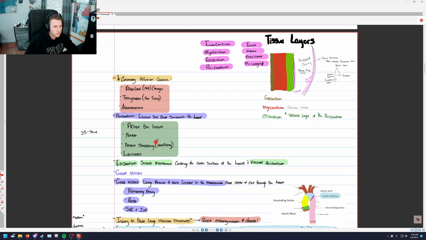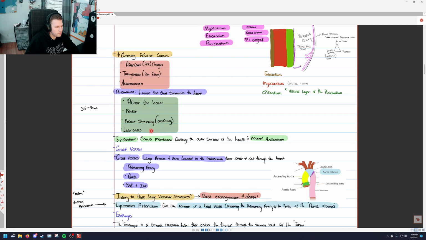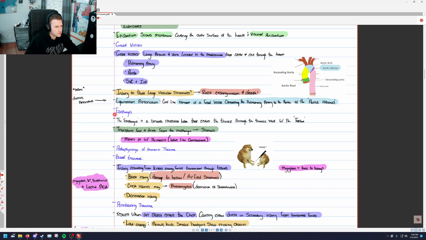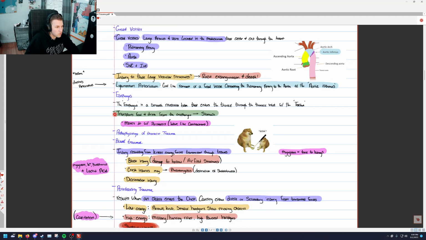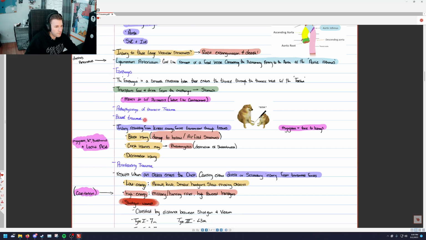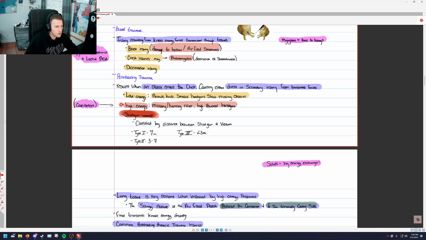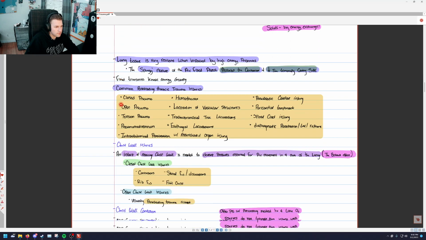So I'll just know those. Great vessels, I'm sure we all know. We have the esophagus, which will transport food and drink from the oropharynx to the stomach. Blunt trauma. Penetrating, I'm sure we can skip over.